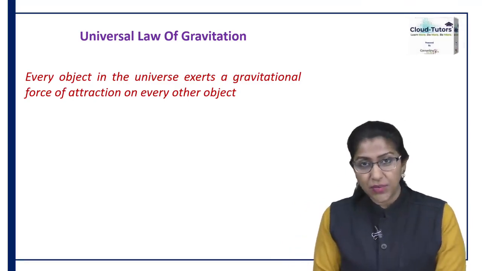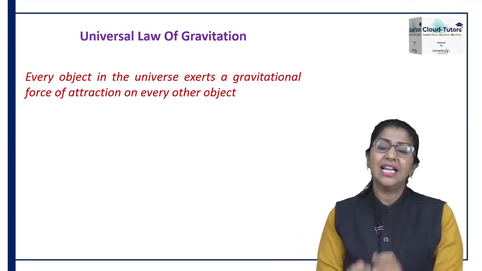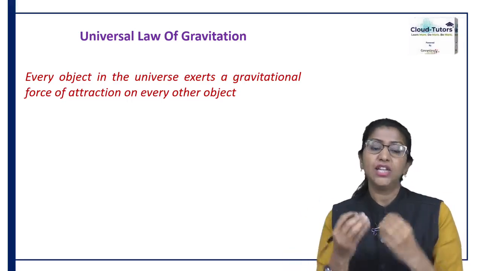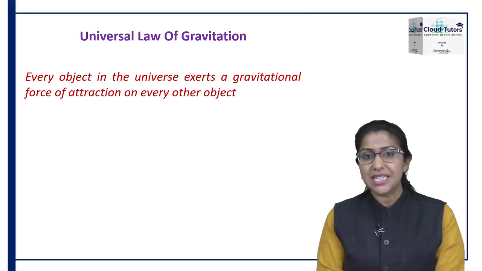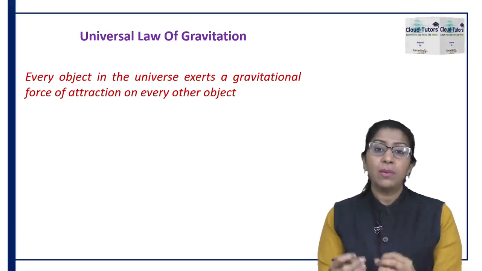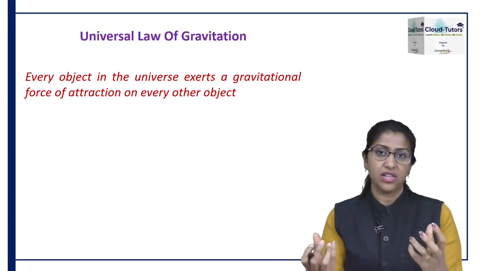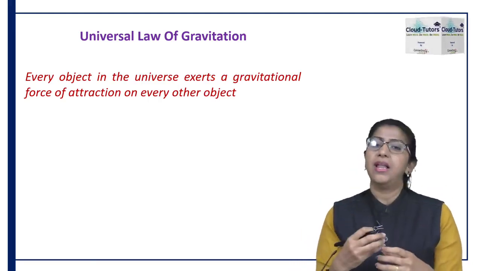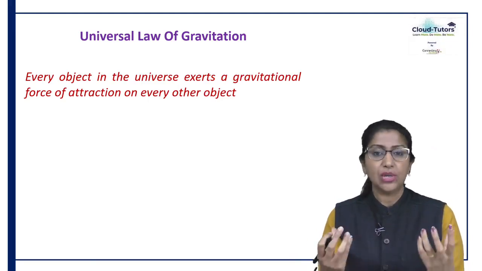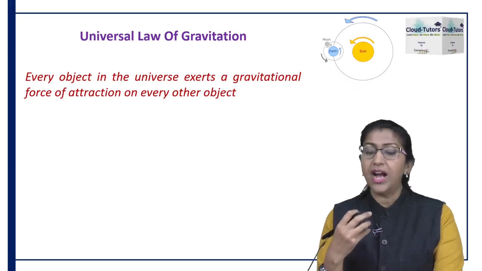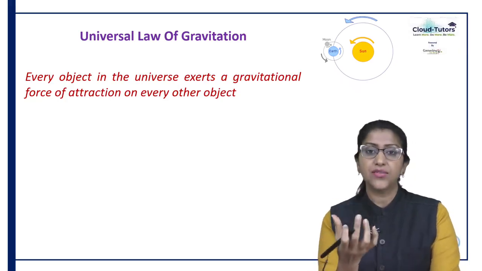Why is it called the universal law of gravitation? Because it is applicable for every object in the universe. So what does it state? It states that every object in the universe exerts a certain kind of force of attraction on every other object in the universe. Now, how do we quantify it, or how does this happen? What is this force?